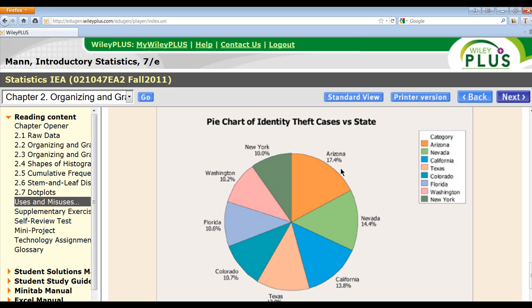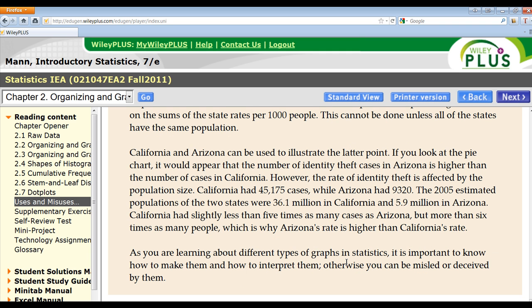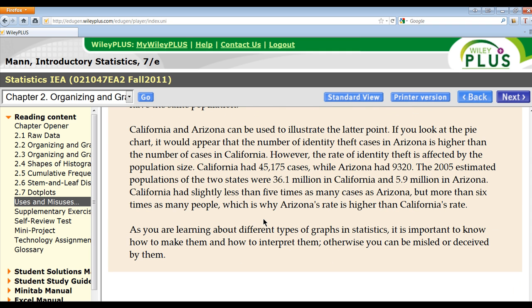So you might be misled into believing that Arizona has more people affected by identity theft, whereas in fact it's going to be California, because California is much bigger than Arizona, maybe 5 or 6 times the population. So it's going to be a lot more people, but the percent of Californians is smaller. You can read that here. Okay, that's all.